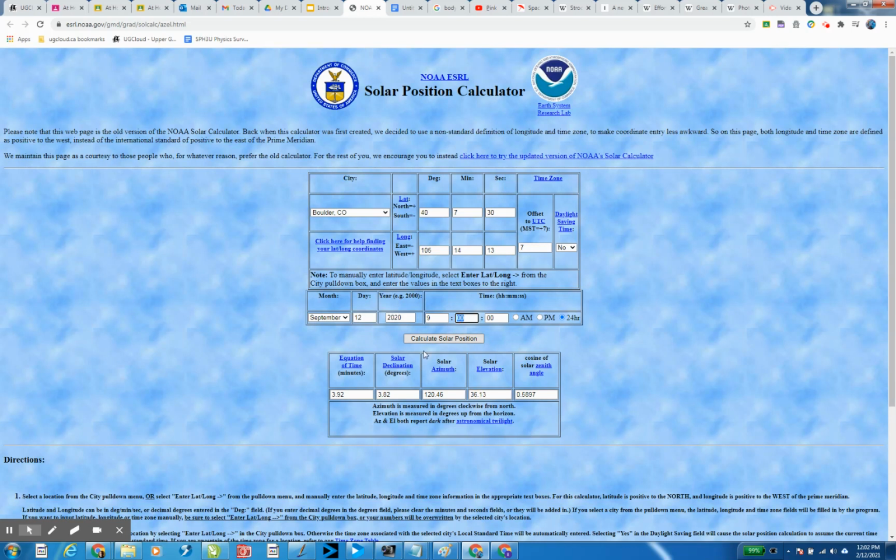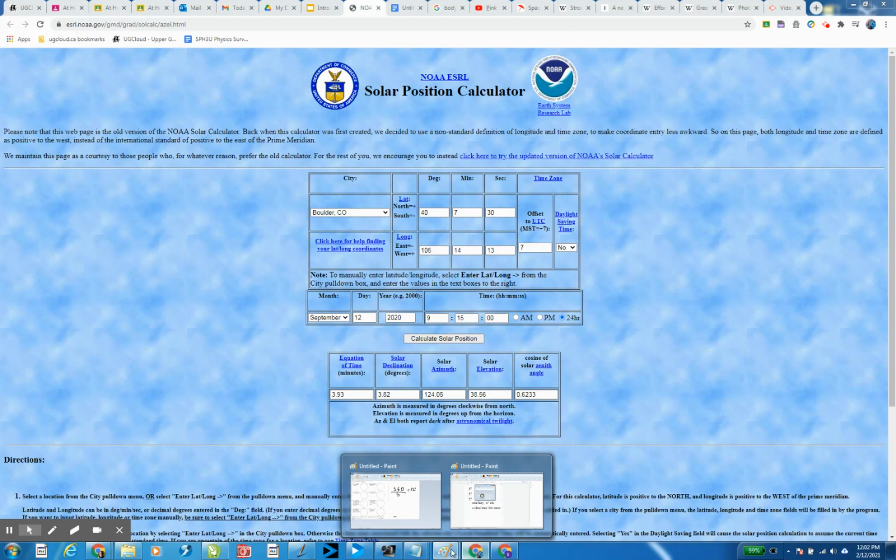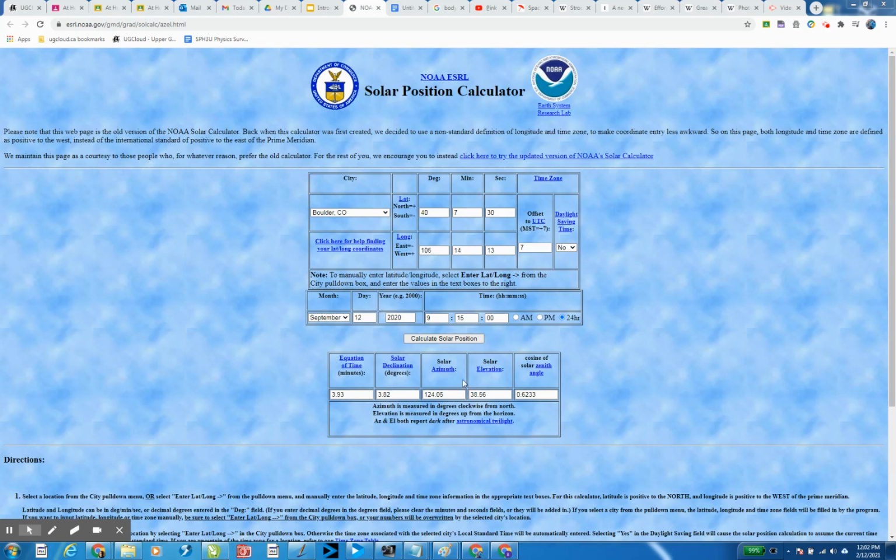Hey, we're getting close. 9:15. The sun's elevation is 38.56. And I forget what our calculator said. I closed it. We're roughly 39 degrees. So it looks like it's 9:15. How crazy close do we want to get?